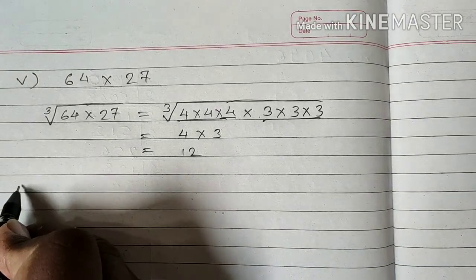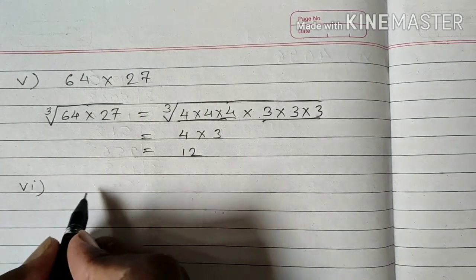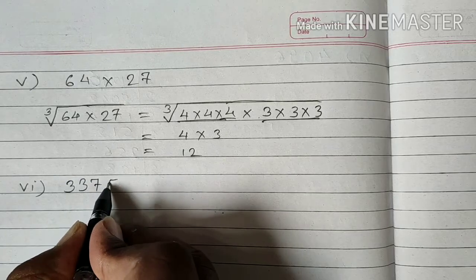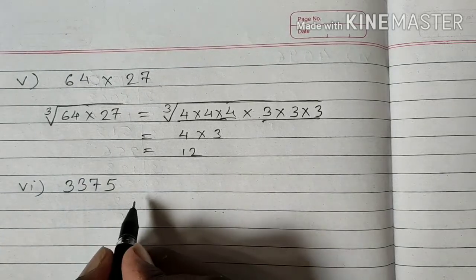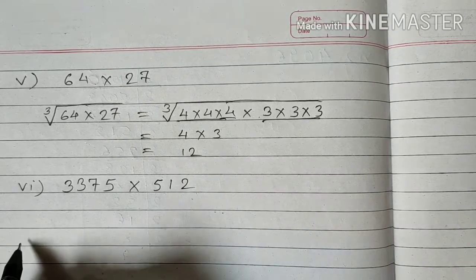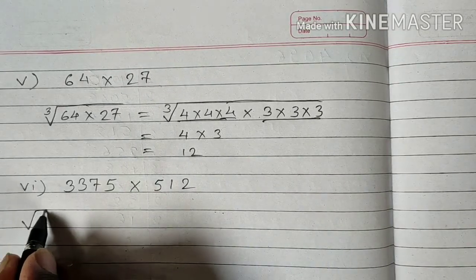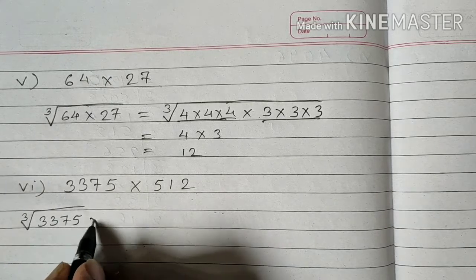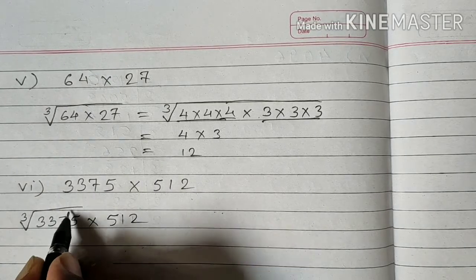Again, sixth, 3375 multiplied by 512. So to find out the cube root of this, 3375 multiplied by 512.